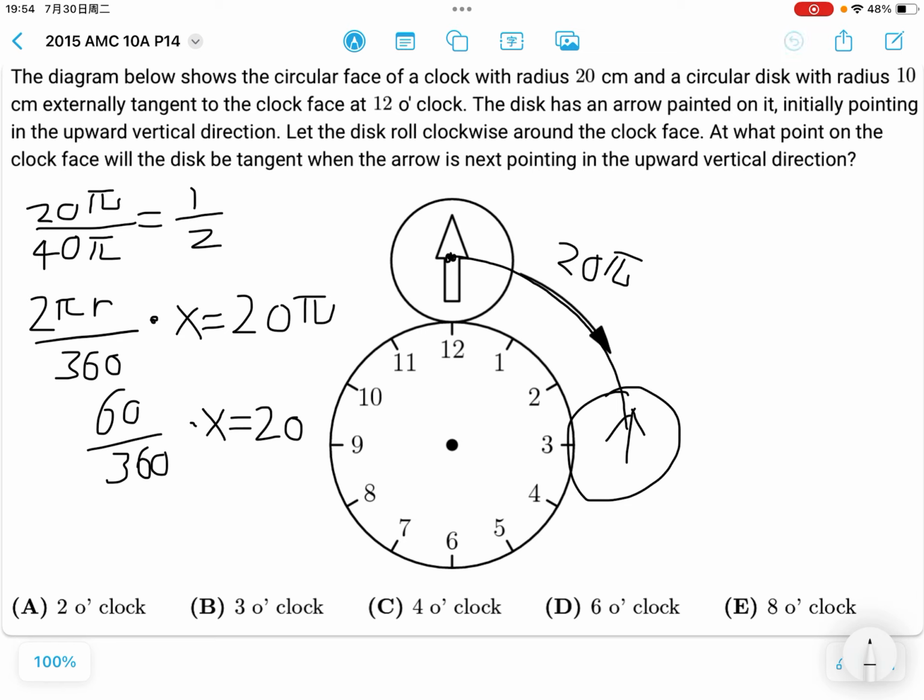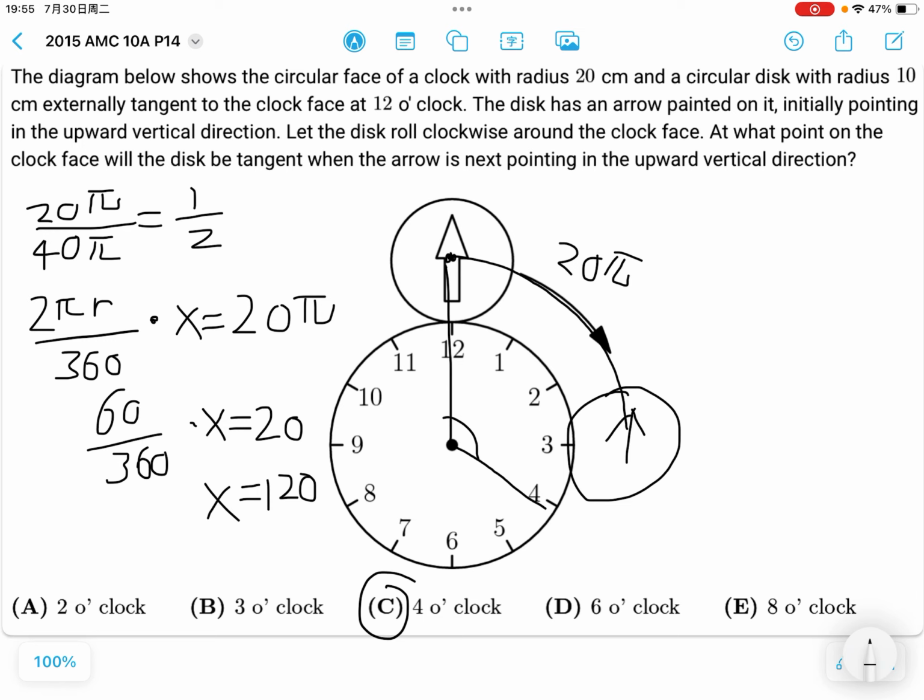That just gives me 1/6 x is 20, so x is 120. So this angle here is going to be 120, and that's just 1/3 of my whole 360 circle. So I have to go 1/3 of the way around this clock here. That's just 4 o'clock, since 12 over 3 is 4. So this is our answer.